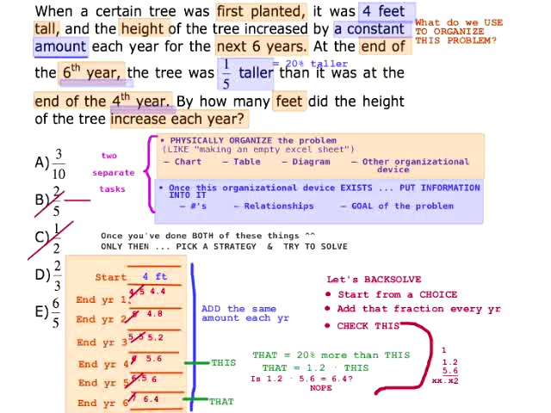If we do 2/5, 2/3. We're gonna have to keep those as fractions.